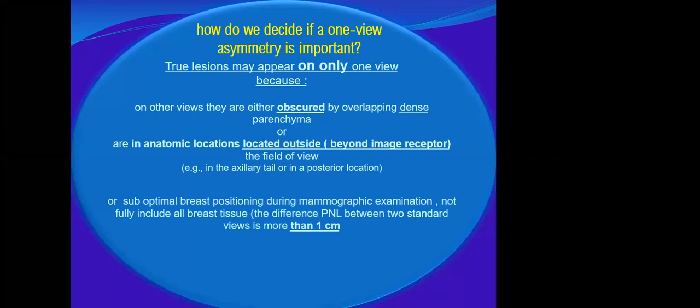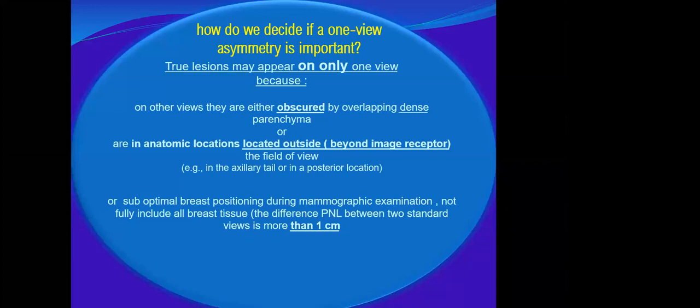We described all these in the mammographic technique lectures, or there may be suboptimal breast positioning during mammographic examinations. The breast is not well positioned, so some of the breast is excluded from the image, not fully including all breast tissue. As we described before, you might evaluate it by the posterior nipple line.